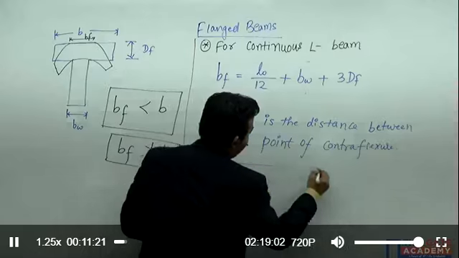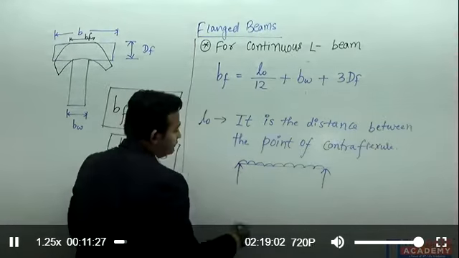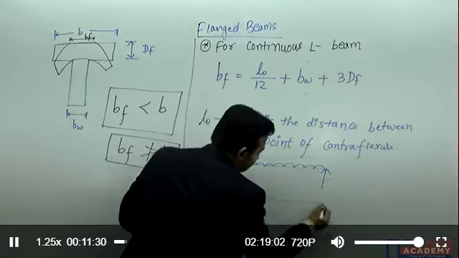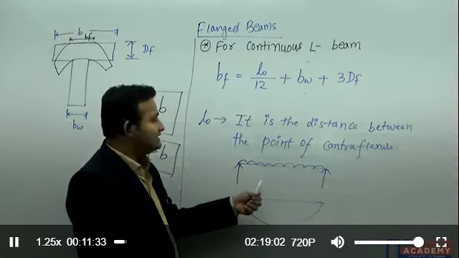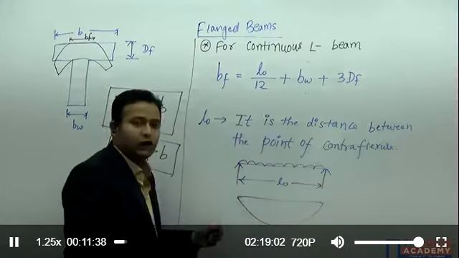Suppose this is a simply supported beam and a uniformly distributed load is acting; the bending moment will be something like this. In this case, L0 will be the actual length of the beam.